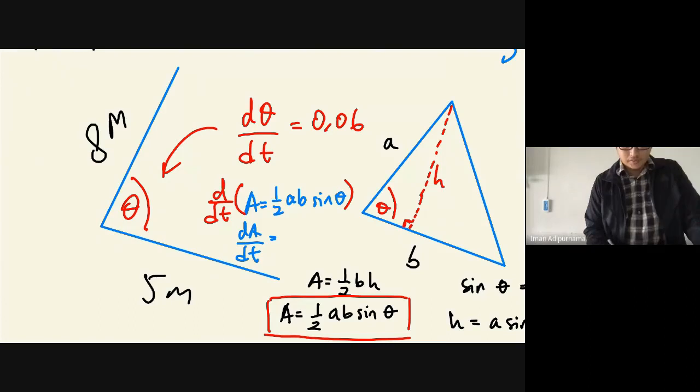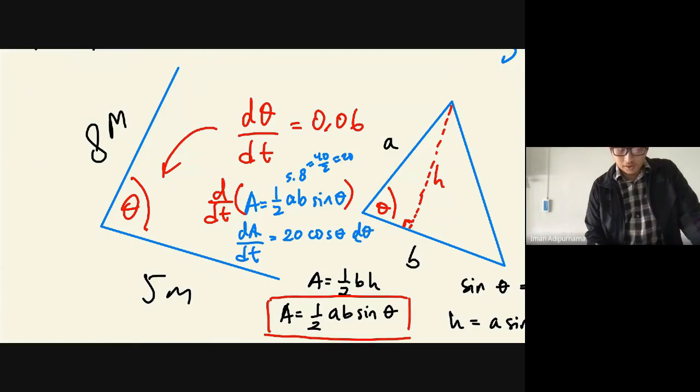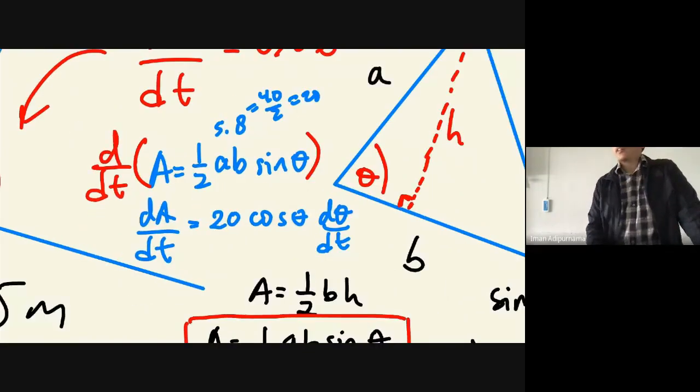This is 5, 8. Multiply all of this and it becomes 40, divided by 2, it's 20. So 20 sine theta derived becomes 20 cos theta d theta dt. This d theta dt we get from the information. It's 0.06.